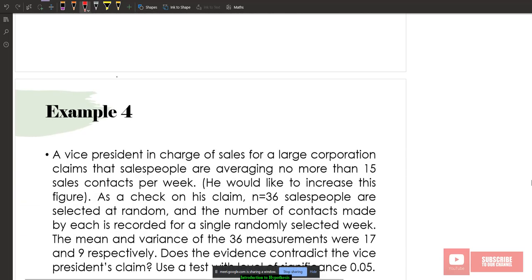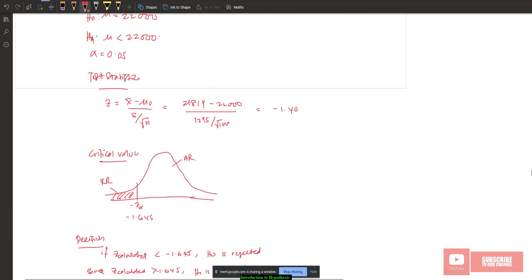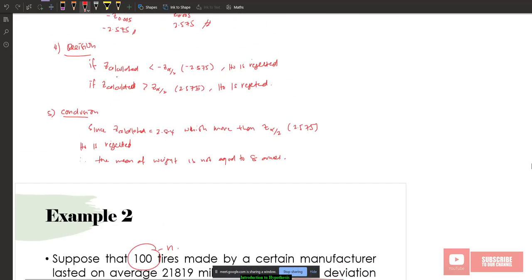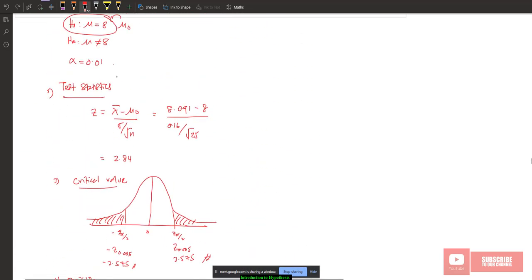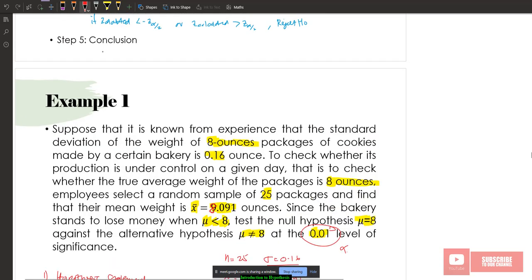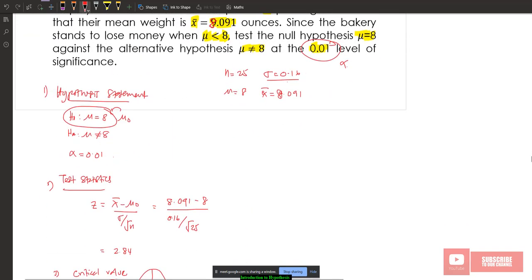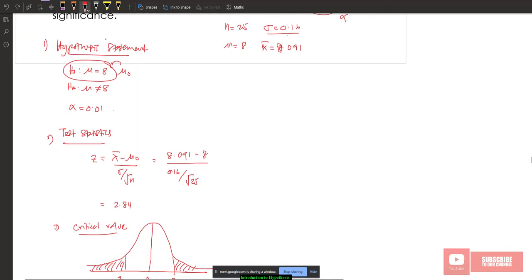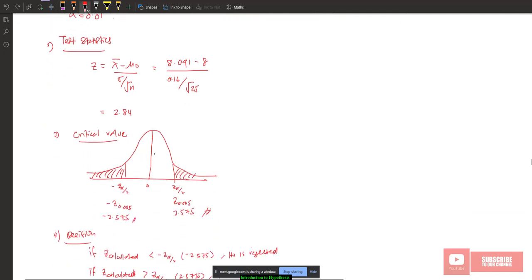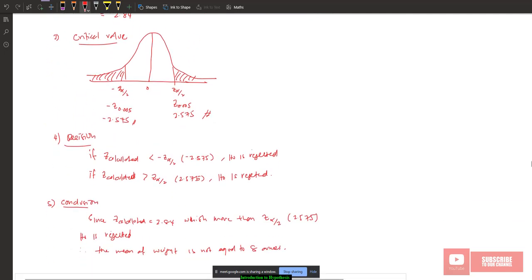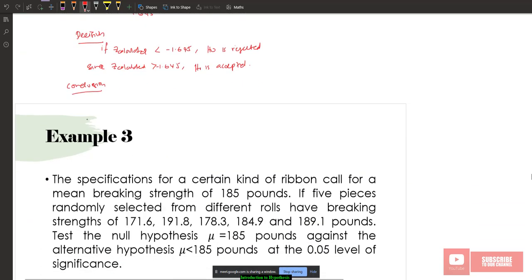Before I leave it for you, I am very sure you already know how to choose the test statistics, because we already discussed this very thoroughly in chapter number 1 and chapter number 2. And in this chapter, I introduced how to conduct a significance test or hypothesis testing. We have the first step, hypothesis statement, test statistic, critical value, decision, and conclusion. So this is the basic step.